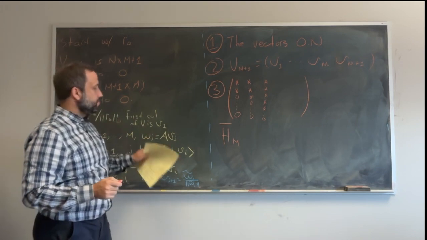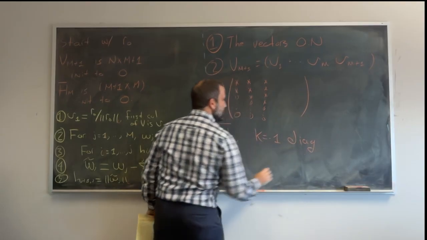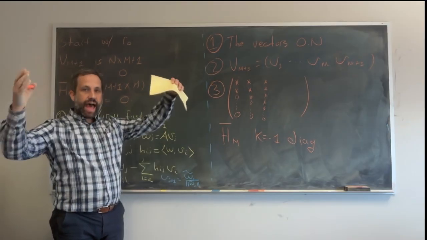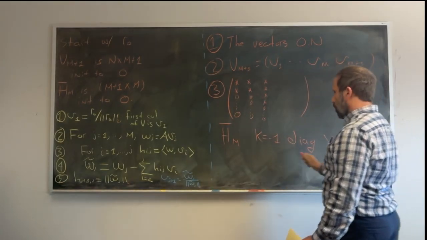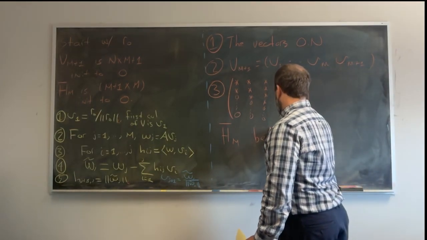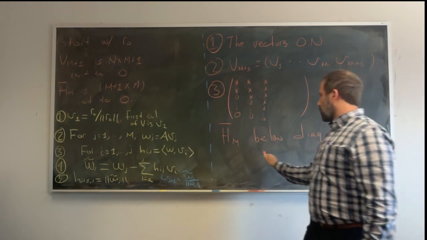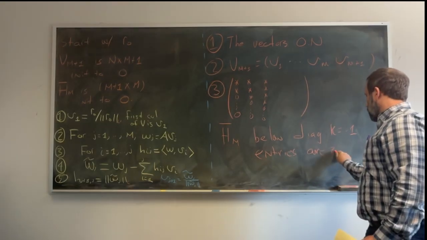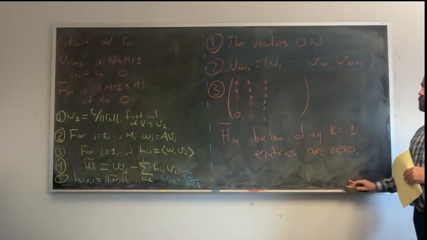It's m plus 1 by m, and the k equals minus 1 diagonal, that's kind of like Python or NumPy notation, the diagonal below the diagonal, everything below that is going to be equal to 0. So it's an almost upper triangular matrix.